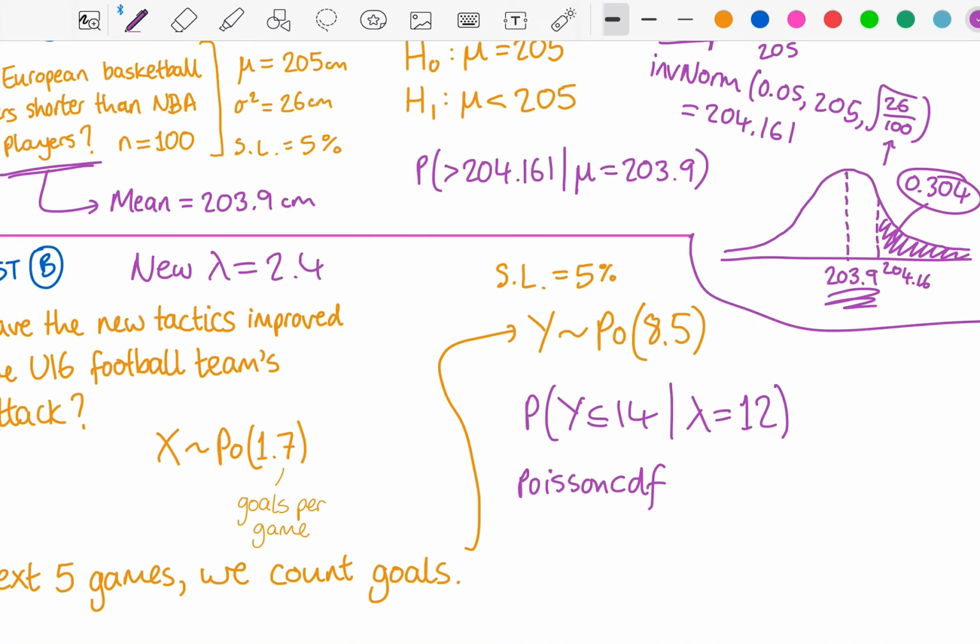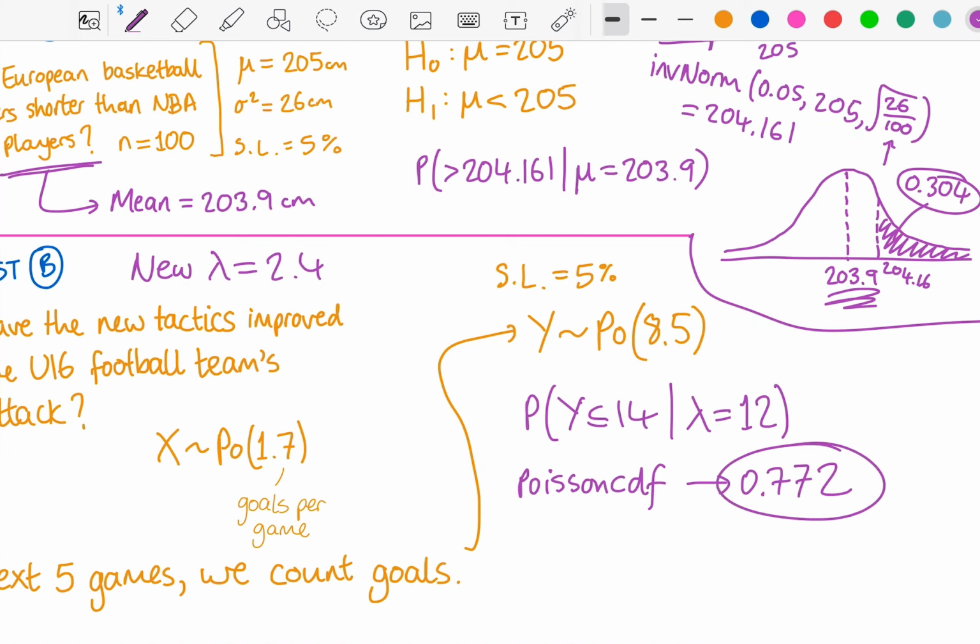Let's go to our calculator, distributions. One second. And yeah, mean of 12, lower bound 0, upper bound 14 would give us 0.772.